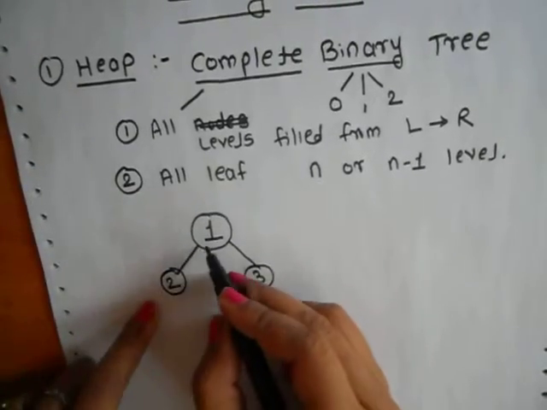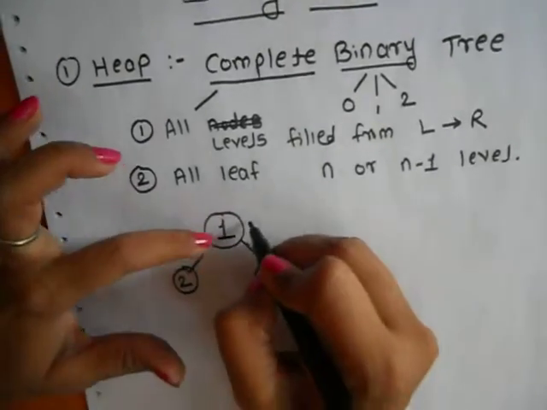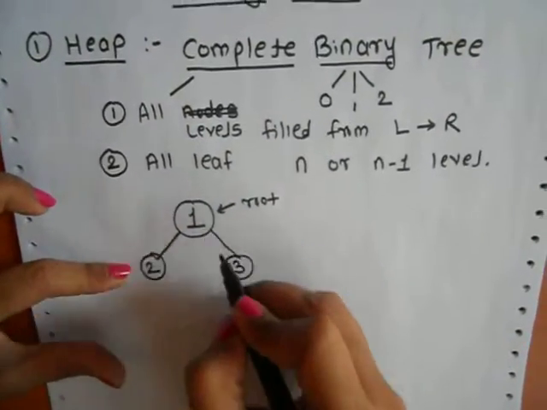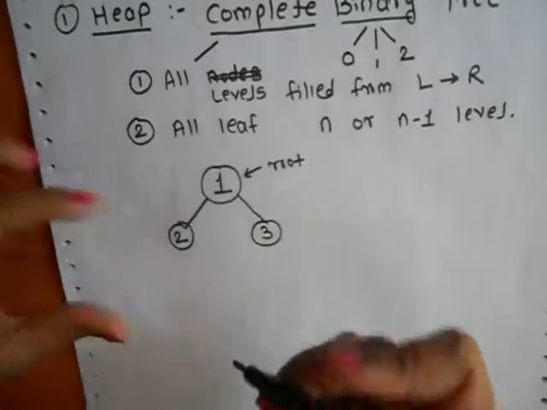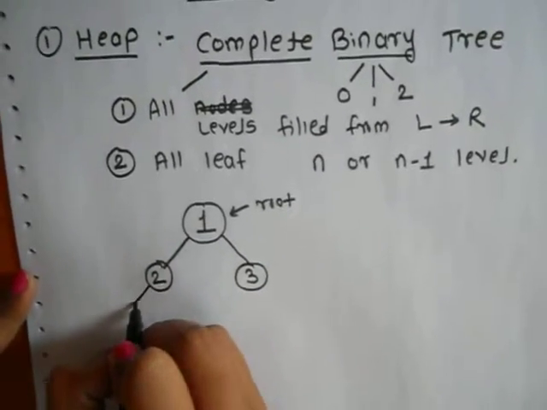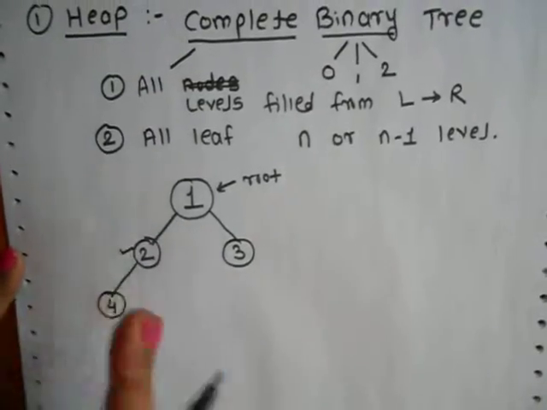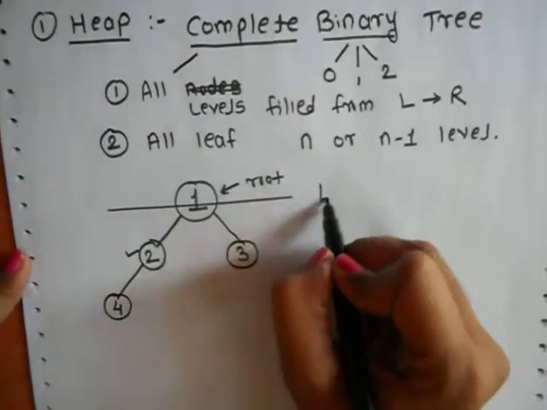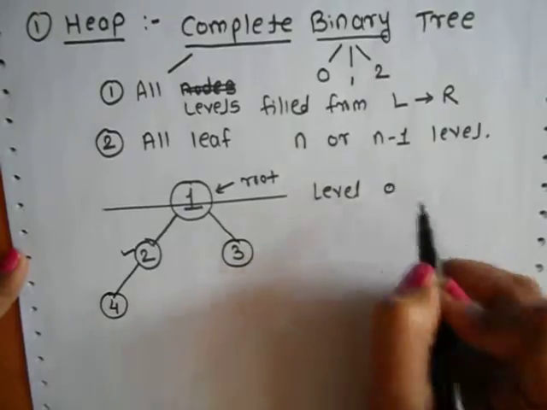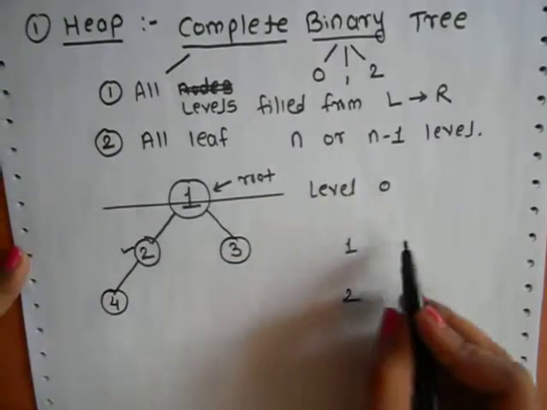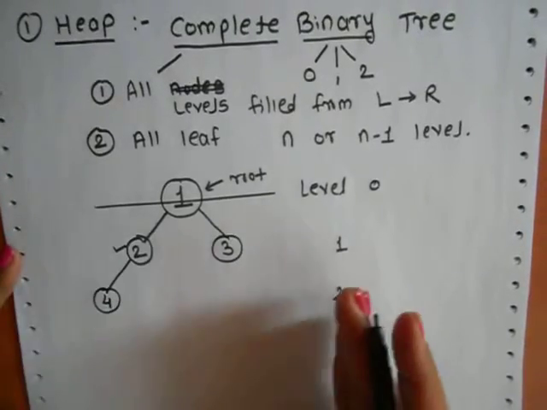Now whenever we insert the next node, that will be a left child of this node, meaning all levels. So this one is our level 0, level 1, level 2. All levels are fulfilled from left to right.